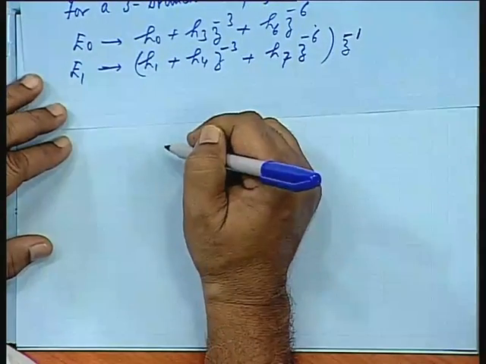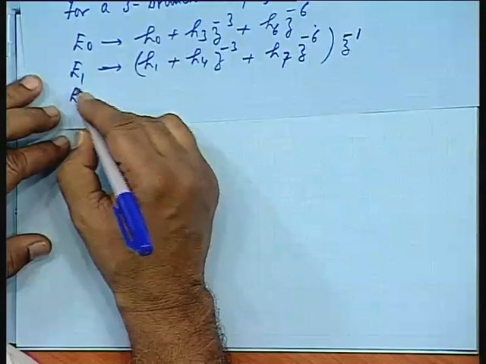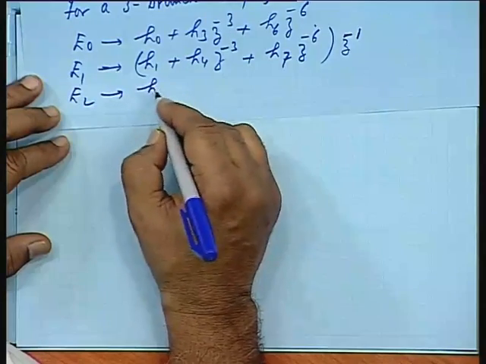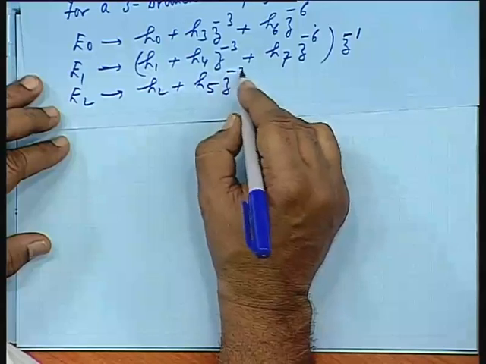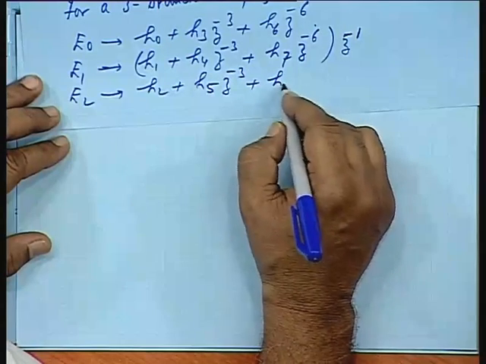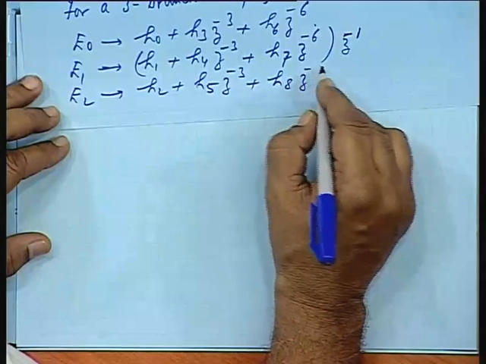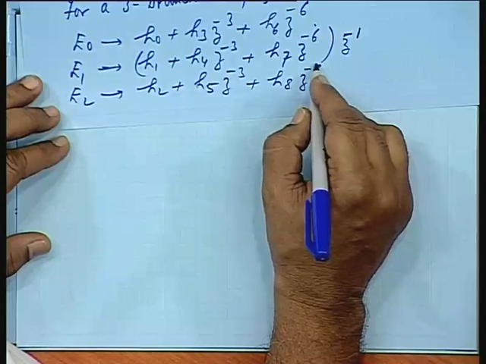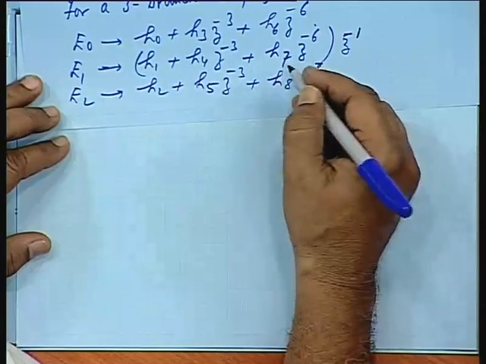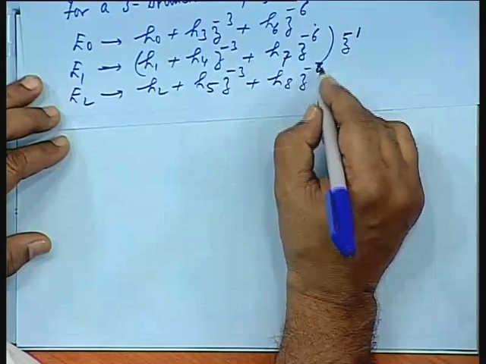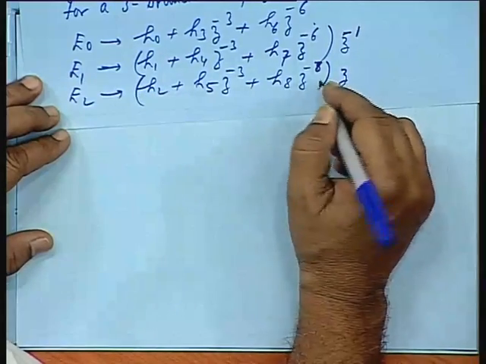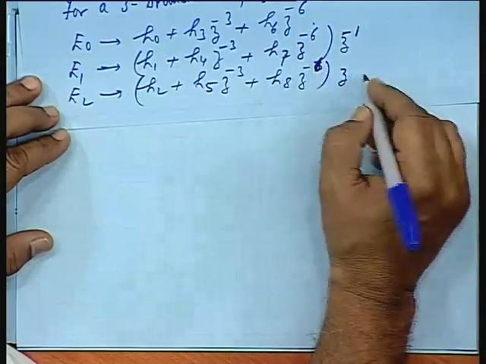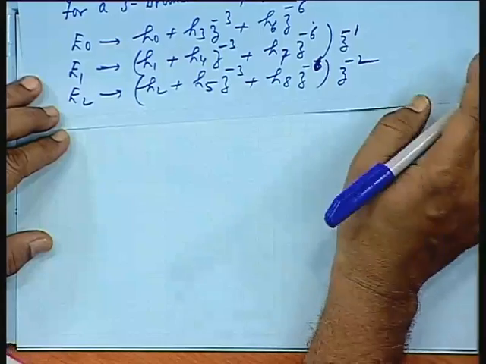And E2 similarly will be H2 plus H5 z to the power minus 3 plus H8 z to the power minus 6, multiplied by z to the power minus 2.